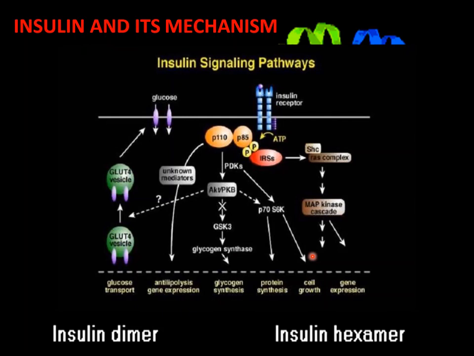Insulin signaling pathway, as I said before: insulin receptor activation, ending with cell growth, gene expression, increased protein synthesis, increased glycogen synthesis, increased anti-lipolysis gene expression, increased glucose transporter production, and an increased number of these transporters in the cell membrane, eventually increasing the amount of glucose entering from the bloodstream.